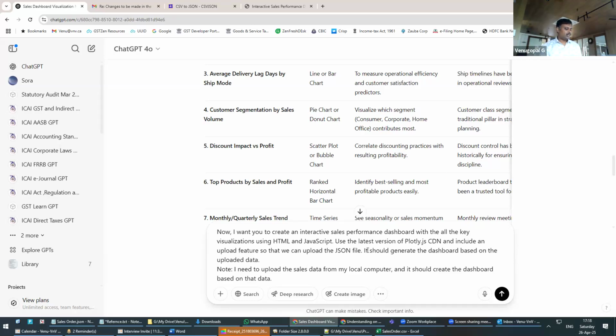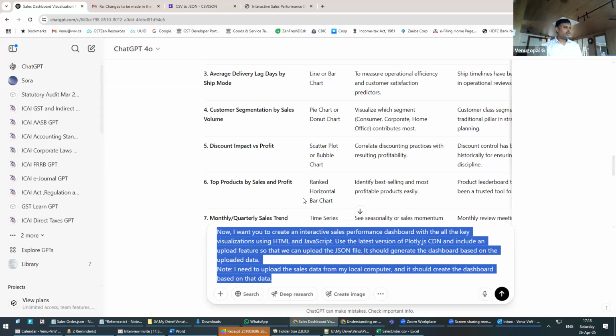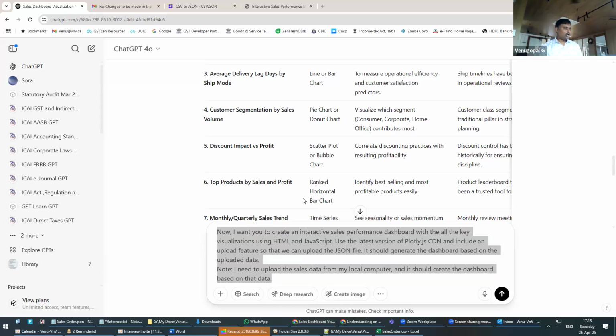Instead of 5, you can change it to all the key visualizations, and use Python JS, and you can give me a feature where I can upload the JSON file.